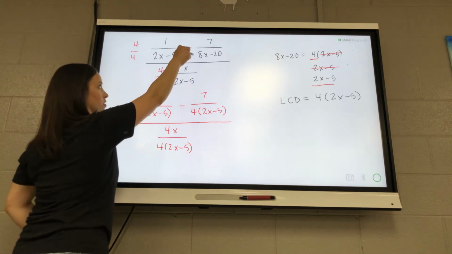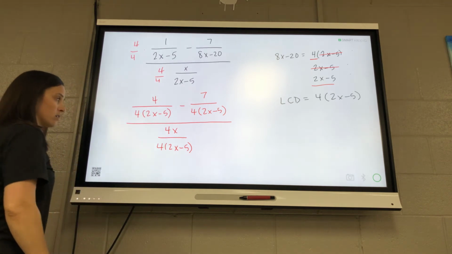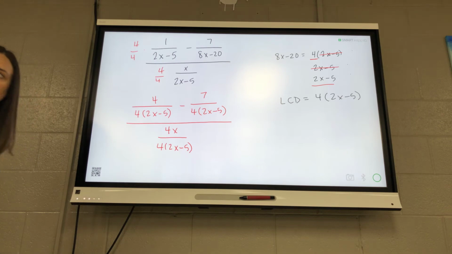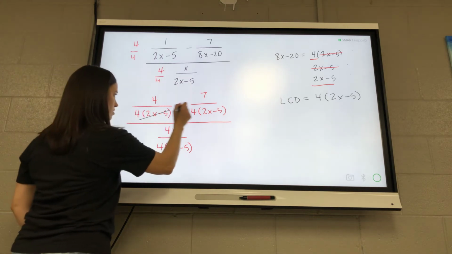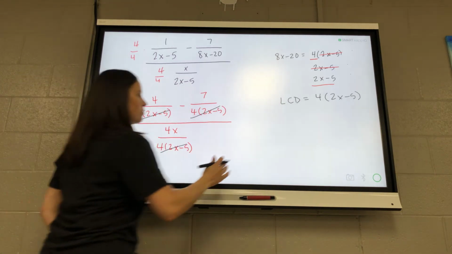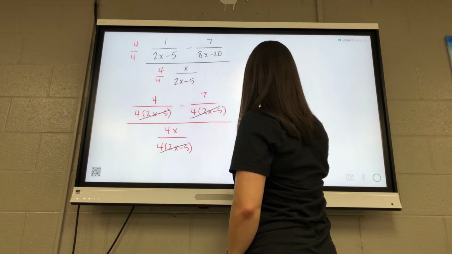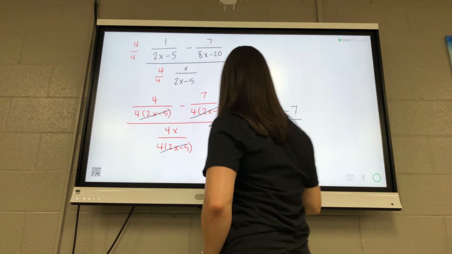I rewrote this one factored out. These I just wrote as is. Remember when you have fractions stacked, the denominators can cancel, the numerators can cancel, or simplify, I should say simplify, not cancel. So these are all gone, because they're all the same thing. Okay? So really on top we have 4 minus 7 over 4x.